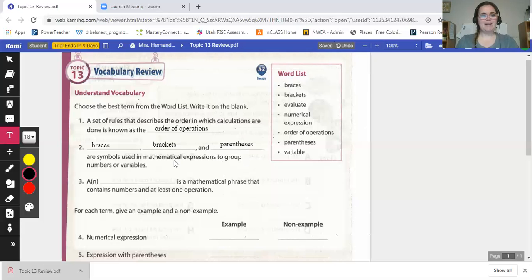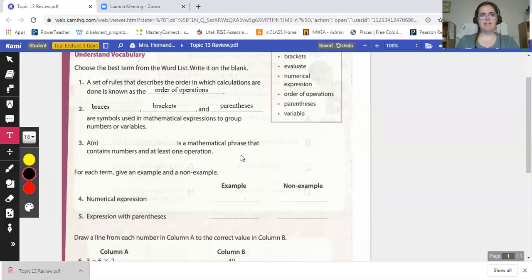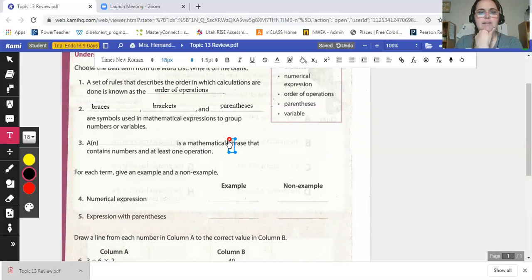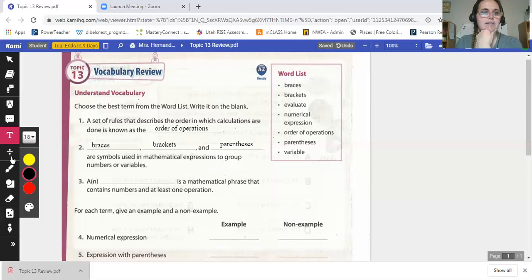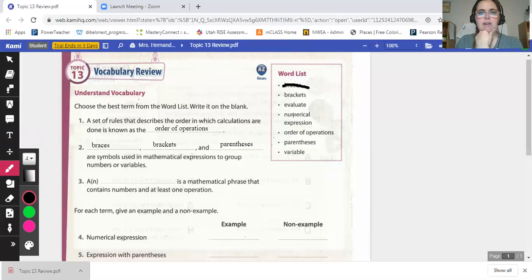Good job. All right, number three, a blank is a mathematical phrase that contains numbers and at least one operation. So I'm looking for something that means mathematical phrase. I've used that one, I've used this one, I've used this one, and I've used this one. All right, so we're down to three.